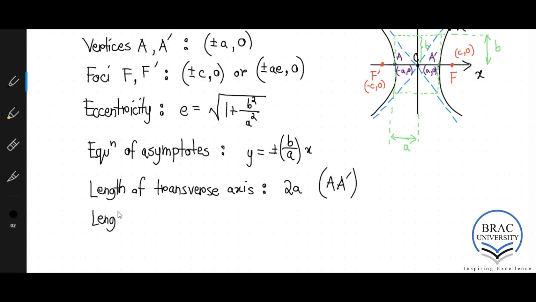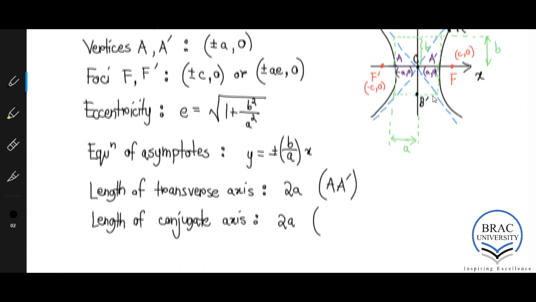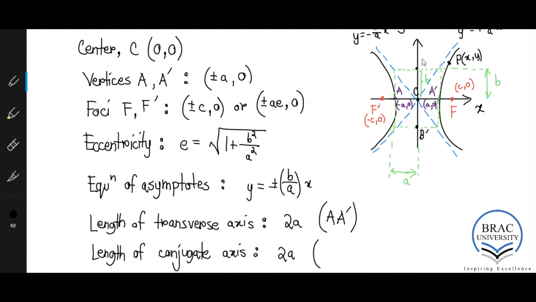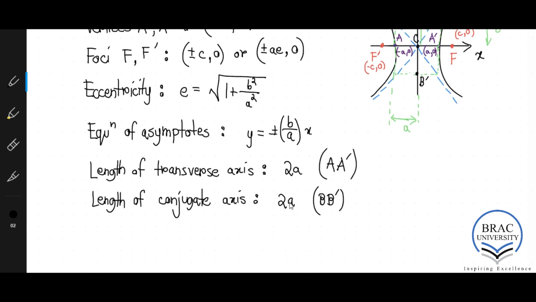Length of conjugate axis here is 2b. And this can be represented on the graph. I'll show these points. Let's say this is b prime, and let's say this point is v. So the length of v to b prime is the length of conjugate axis, which is just, sorry, I have made an error here. It should be 2b.